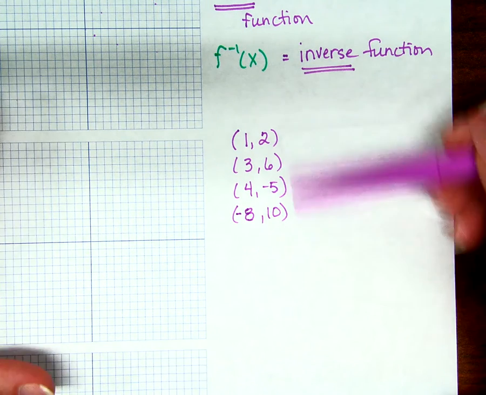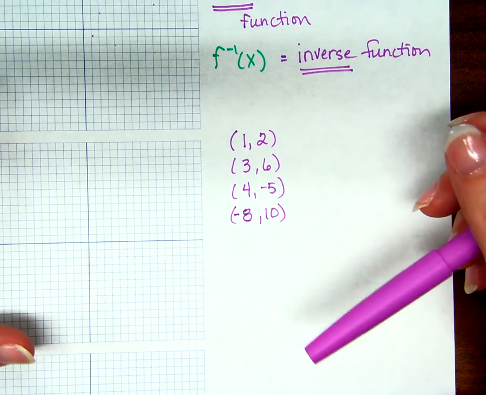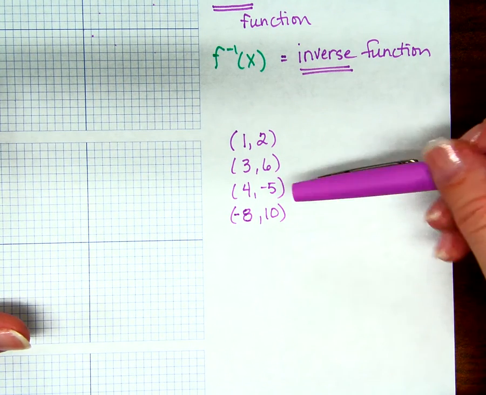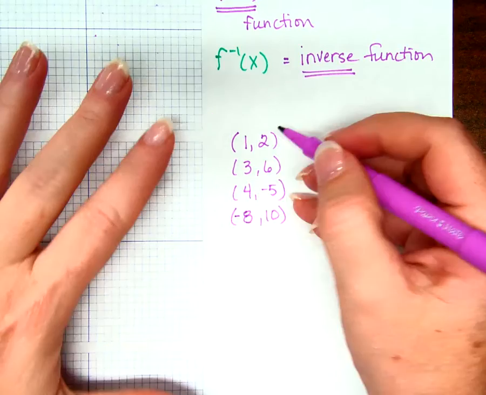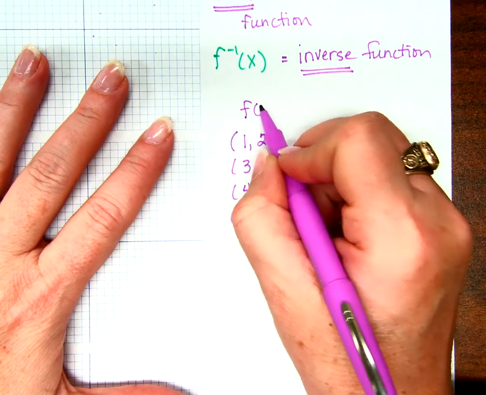Is that a function? How do you tell if it's a function? No x's repeat. Right? Remember that? If no x's repeat, that means it's a function. So this right here is my function, f of x.